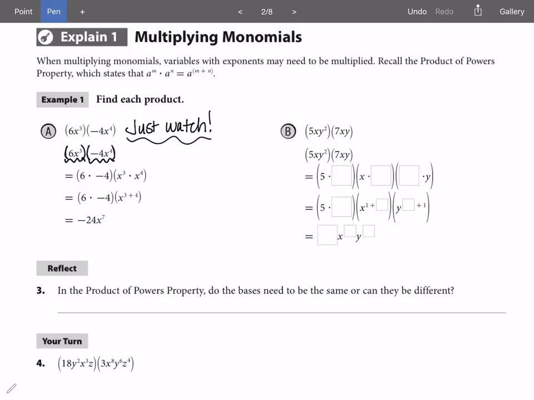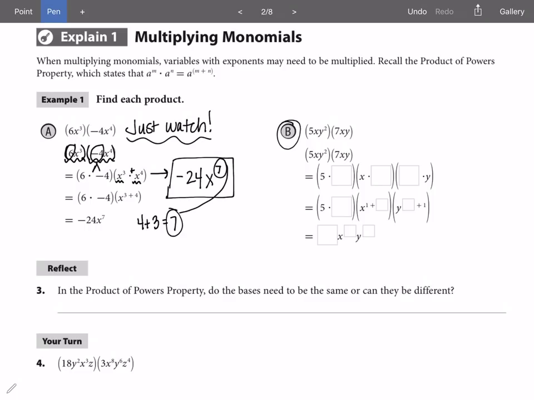And so what we do here is we take out our coefficients and we multiply them together, which gives us a negative 24. And then we take our variables with exponents, we add them together. So we would have negative 24x to the 7th power, because 4 plus 3 equals 7, which goes here.